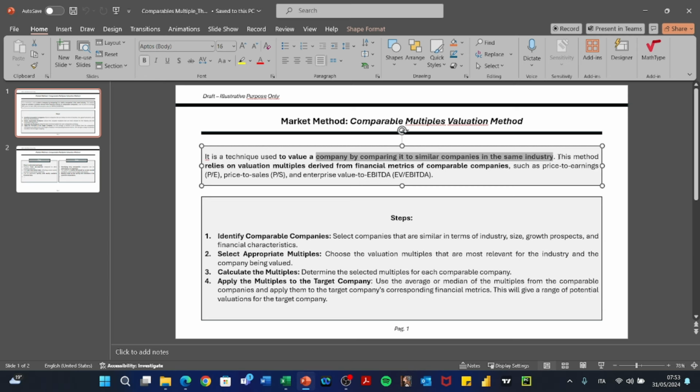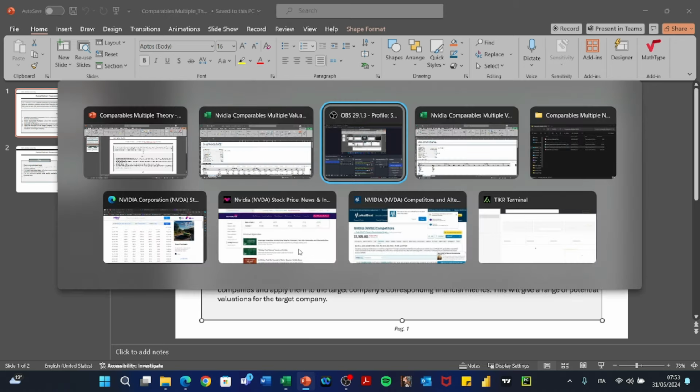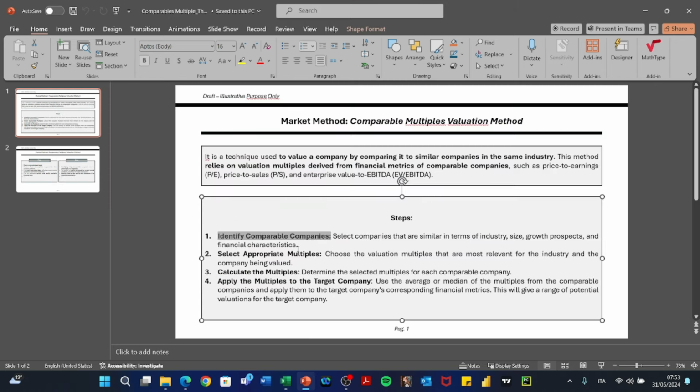This method relies on valuation multiples that you can build up from the financial metrics of the comparable companies. The main steps are: identify a panel of comparable companies; as I told you, I have decided to select two panels. Then you have to select appropriate multiples.